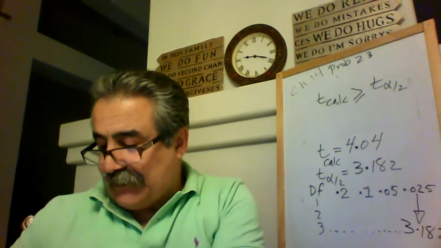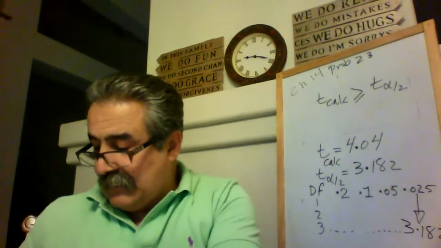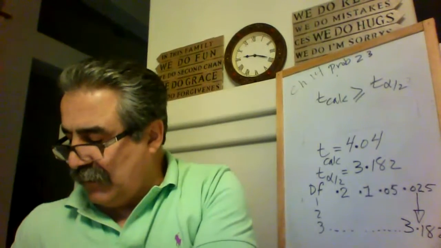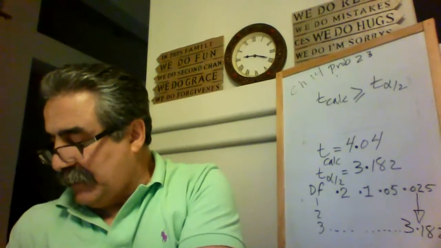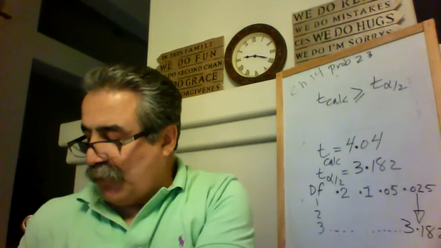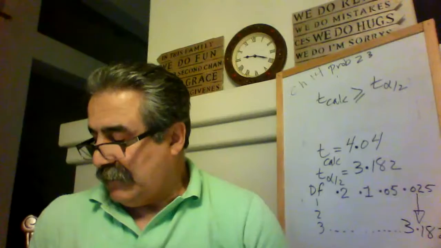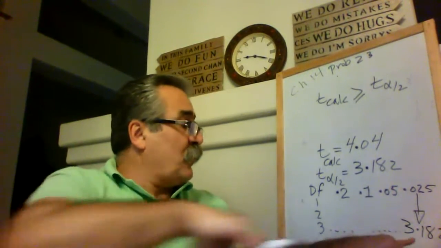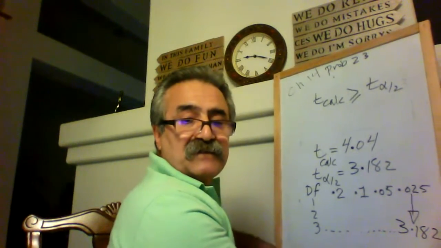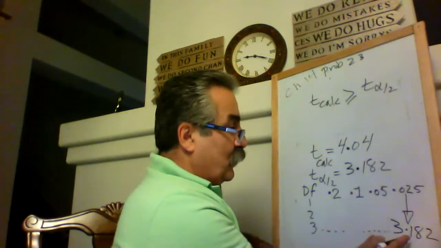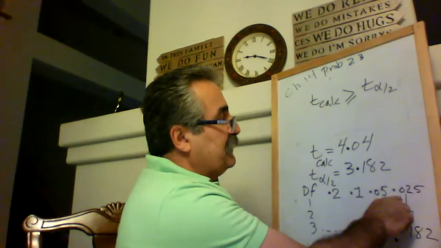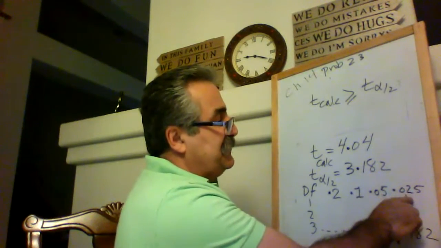So for 4.04, let's see, across from 3, 4.04, it is greater than 0.025. So 4.04 is more to this side. And then the value of the P is going to be less than this. Okay?